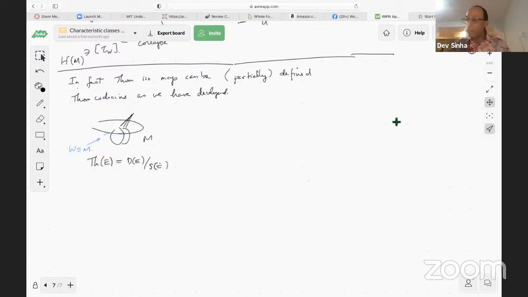So what I can do is send tau W to tau of, what do we want to call it, the inclusion of W. So this is really, remember, W is mapped to M somehow.